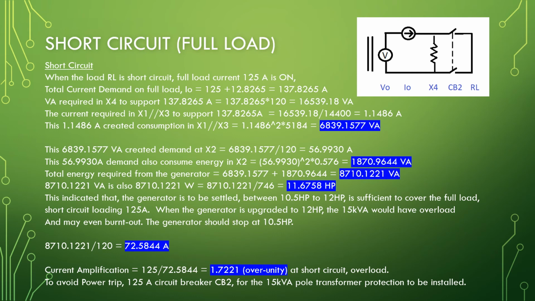When the load RL is short-circuited, full load current 125 ampere is on. Total current demand on the full load equals 125 plus 12.8265 equal to 137.8265 ampere.